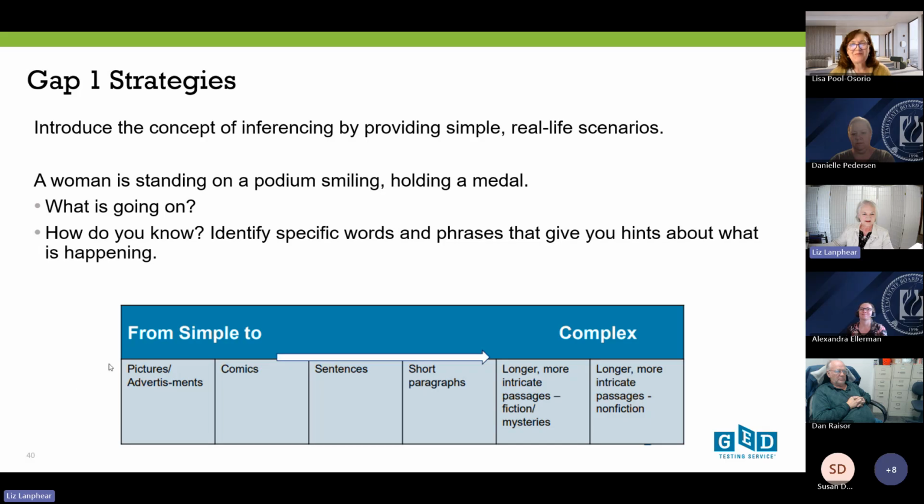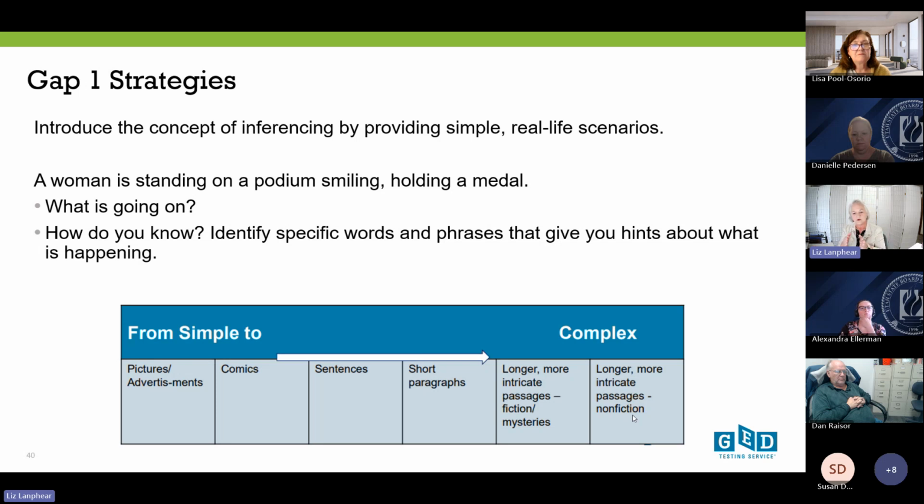So here's a way of working this type of strategy in, which is using pictures and advertisements, comics, one word sentences or one sentences, short paragraphs, then longer and more intricate passages, and then longer, more intricate passages on nonfiction.